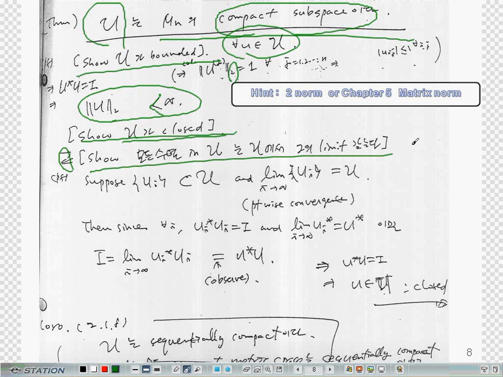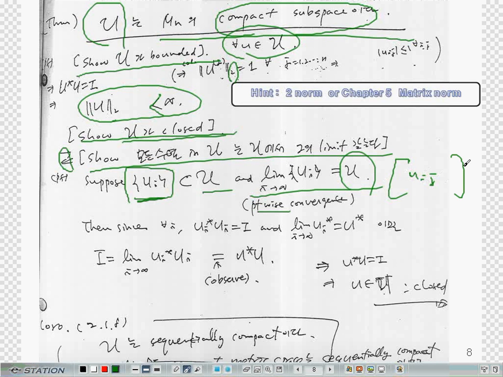We can show it by showing that every sequence in U has its limit in U. Suppose we have a sequence of unitary matrices in U that converge to a matrix pointwise. Suppose we have U_ij of this i-th matrix, then it converges in each of these components.